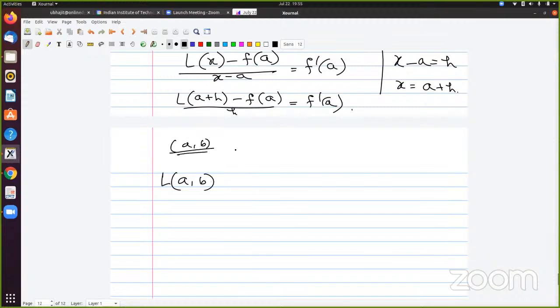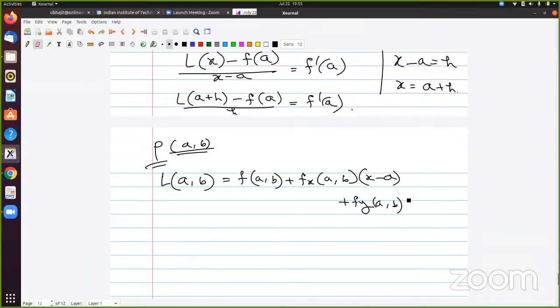So at point a comma b, this is f of a comma b plus the dot product of the gradient with the shift vector, x minus a, y minus b. So this is the linear approximation, right? Basically the equation of the tangent, you can say.